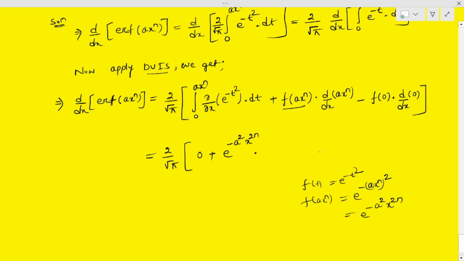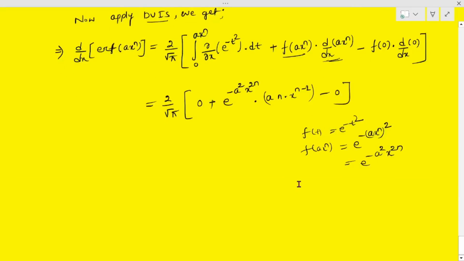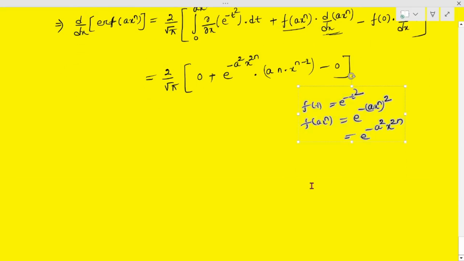Then the differentiation of this one: a is the constant, taken outside, and the derivative of x to the power n will be n into x to the power n minus 1. Then minus this value, which will obviously be 0 because d by dx of 0 is 0. Got it? Now finally, how much can we get?